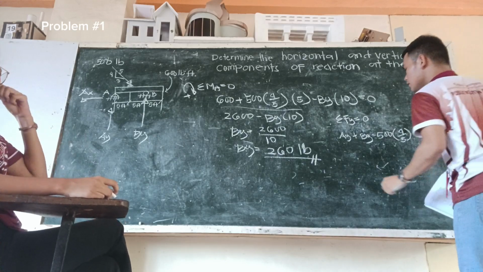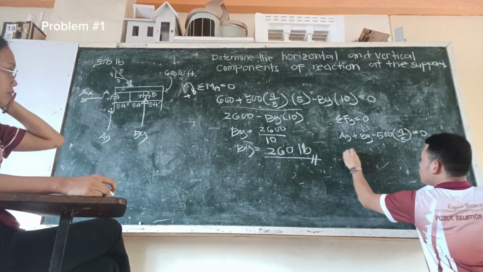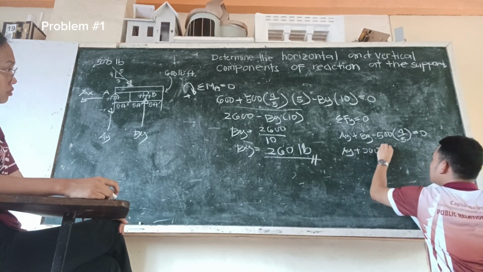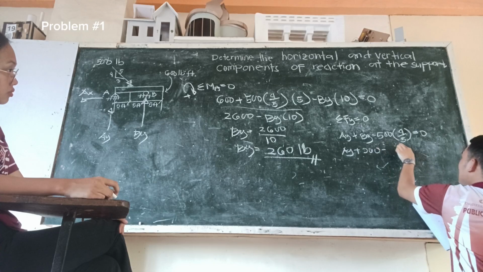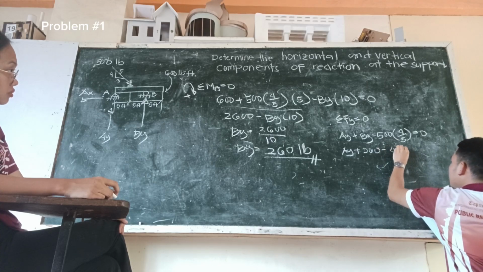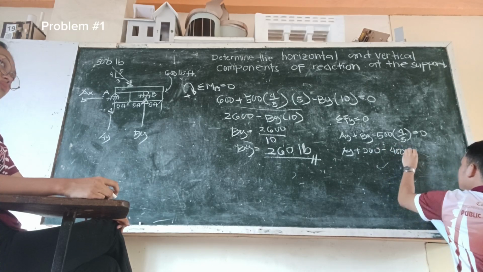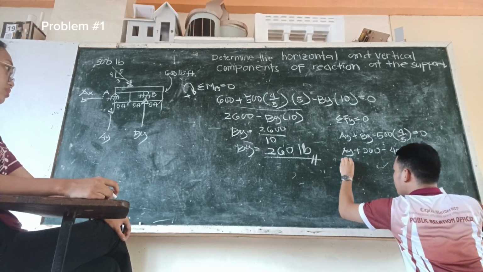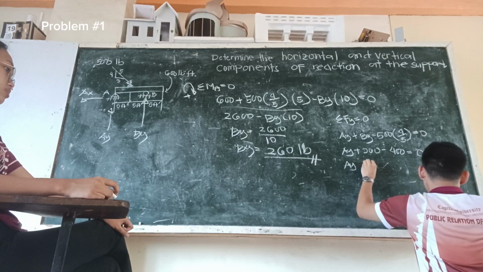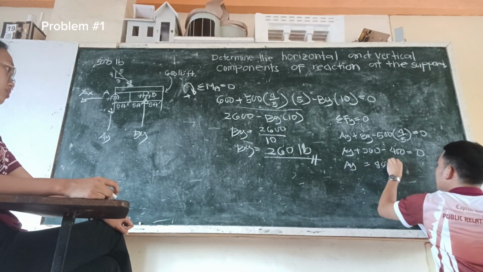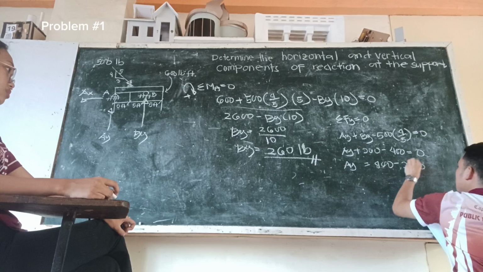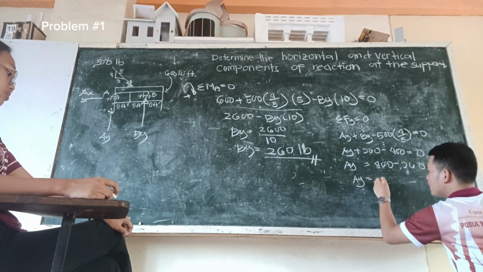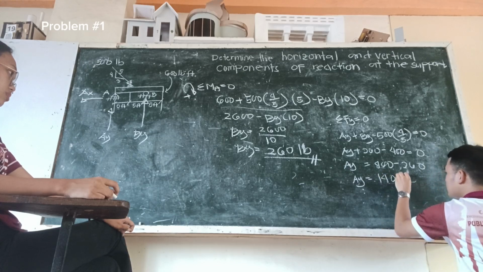Using the value of By, that is 260 minus 500 times 4 over 5, that is 400, is equal to 0. So using basic algebra, we can solve for Ay. Ay is equal to 400 minus 260. So Ay now is equal to 140 pounds.